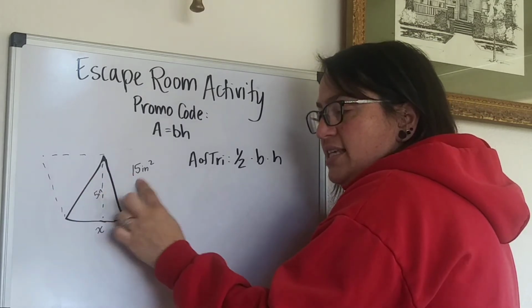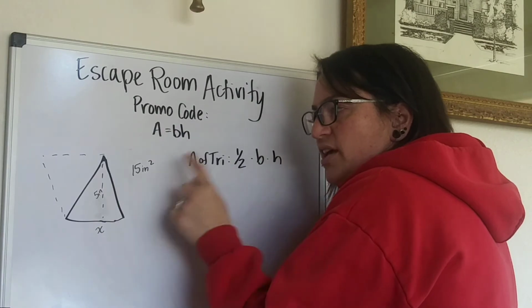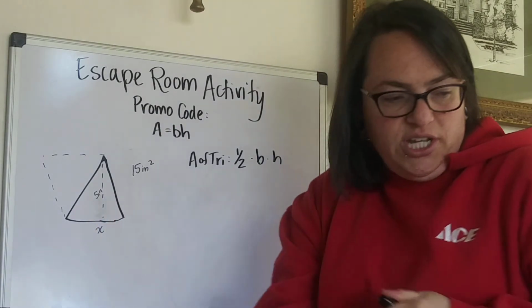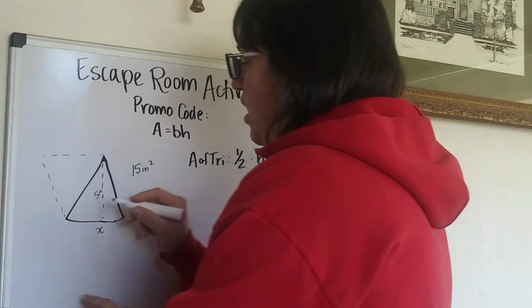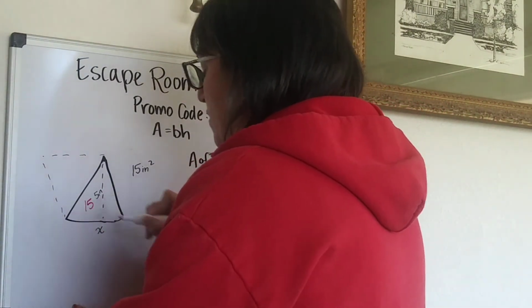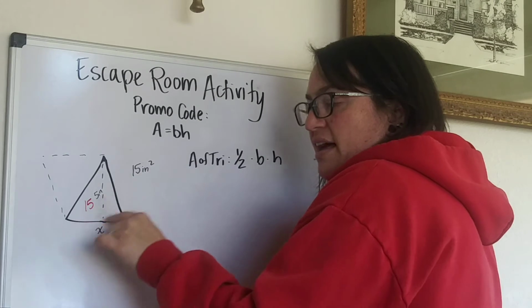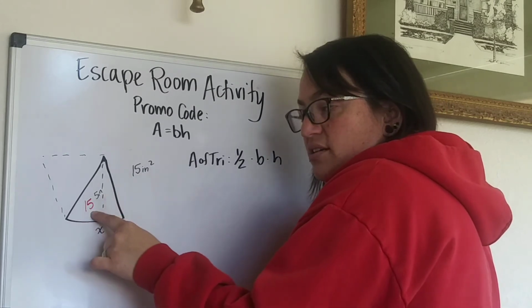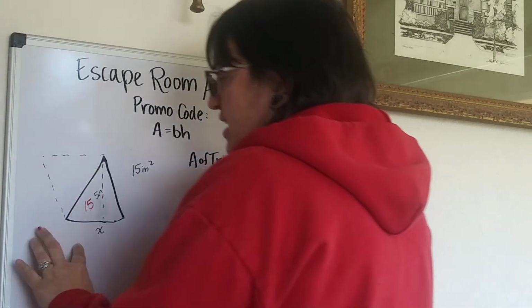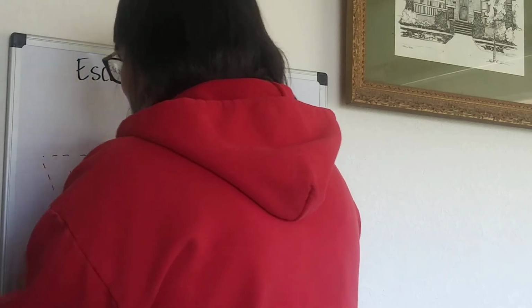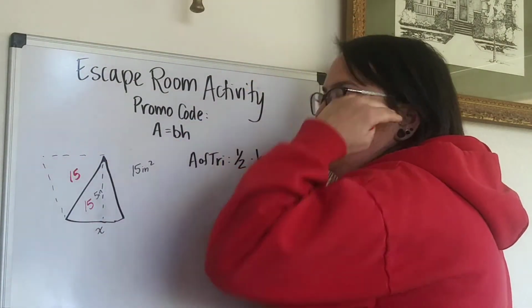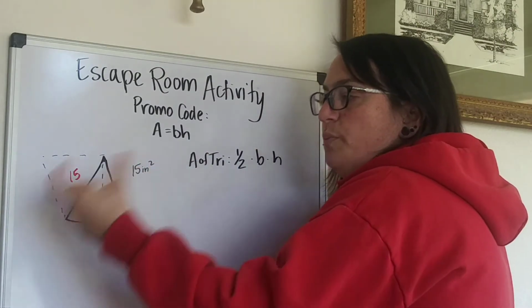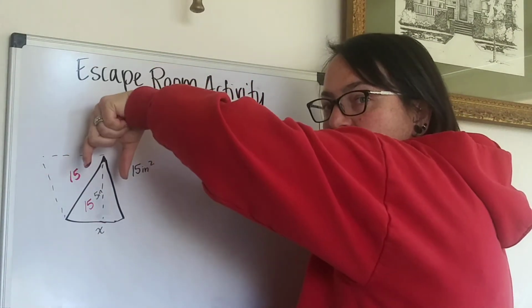And if I'm looking at this and I'm saying, okay, well, if this little guy, maybe I'll switch colors so I don't mess myself up too bad. I say if I already know that this area is 15 and I have another one, then I know that that area has to be 15 also, right? Because that's the whole point, is we're doubling it. It's the exact same triangle. We duplicated it and we flipped it upside down and we lined it up.